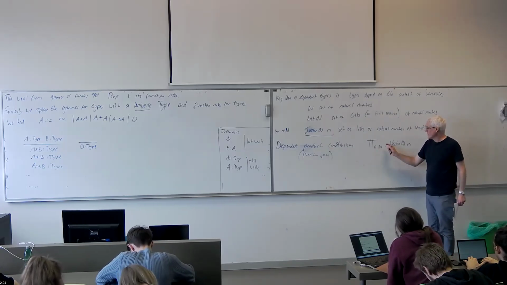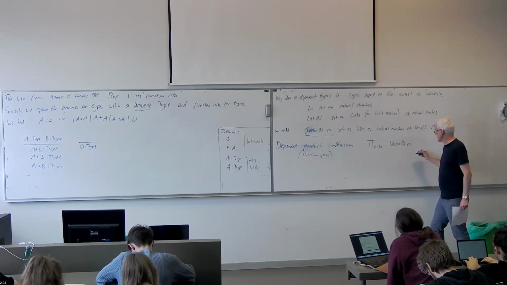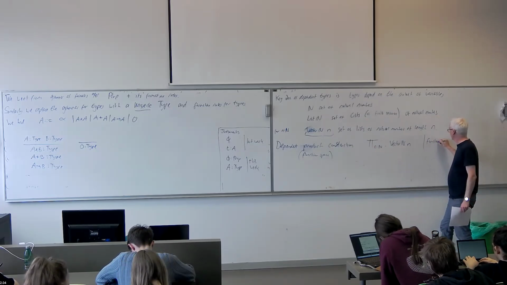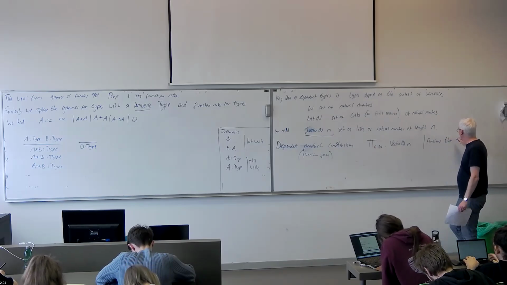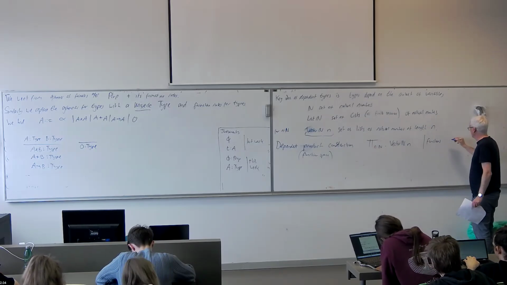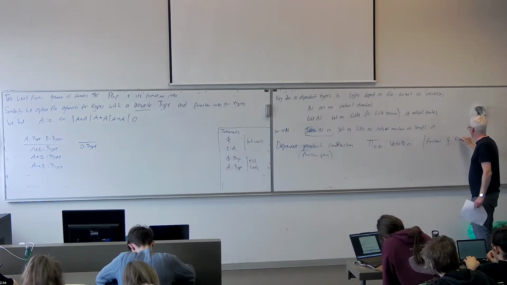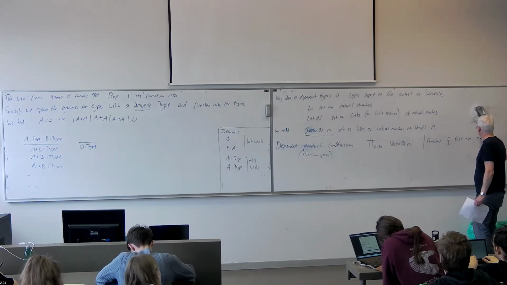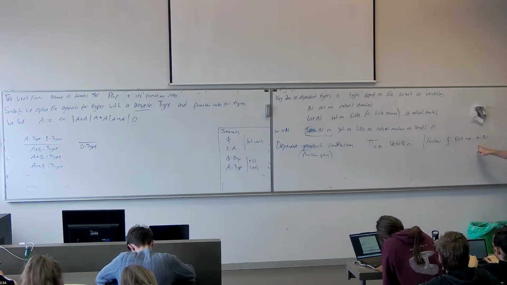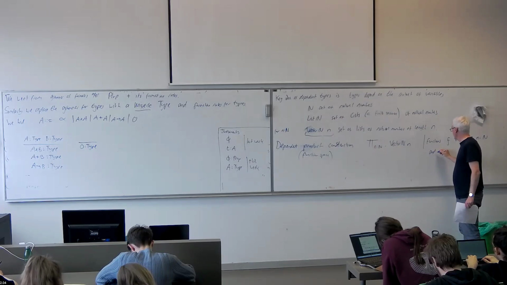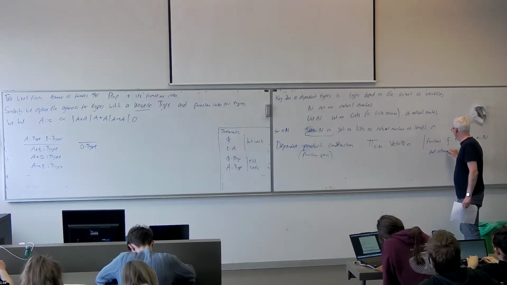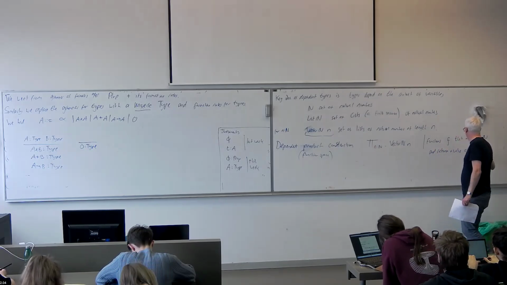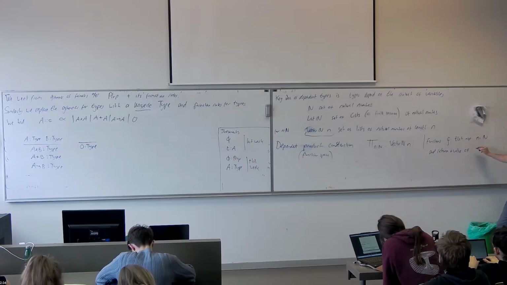You can think of it as also the set of functions f that take a natural number as an argument, little n, and return a value from the set Vector n.